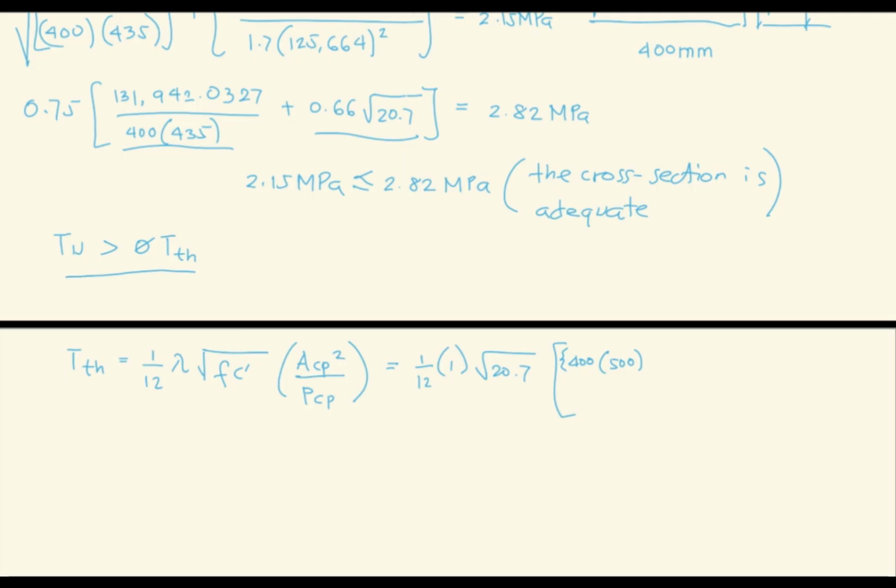This needs to be squared divided by twice of 400 plus twice of 500. This is the perimeter. Okay. So this will give us a value of 8.425 kilonewton meter.